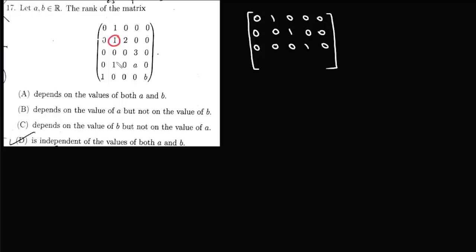Now for the fourth row, we can eliminate this one. We'll have 0, 0, 0, A, 0, and we'll divide everything by A. So we can write 0, 0, 0, 1, 0, and here will be 1, 0, 0, 0, B. Now these two rows are the same, so we can again make this 0.